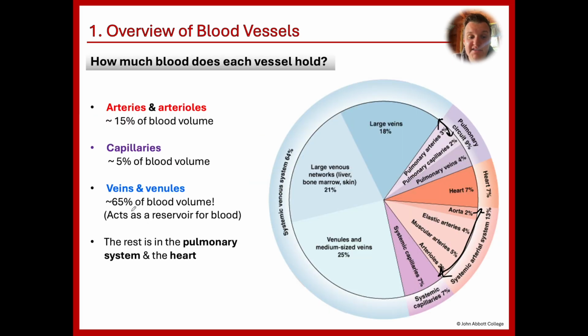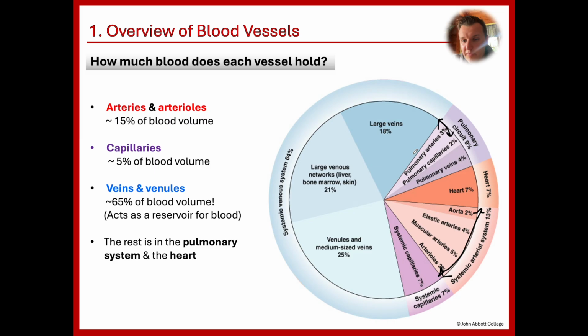And actually, the veins and the venules hold about 65% of the blood volume. They act as reservoirs for the blood. So that's going to be how much blood is in each of these vessels.